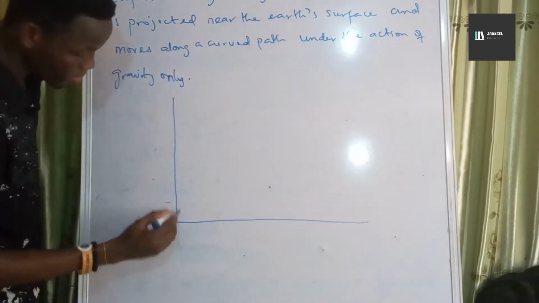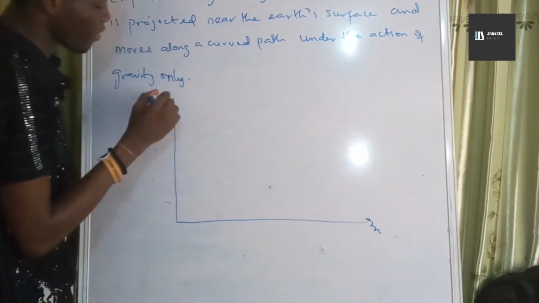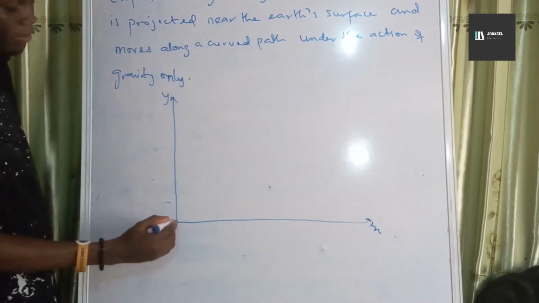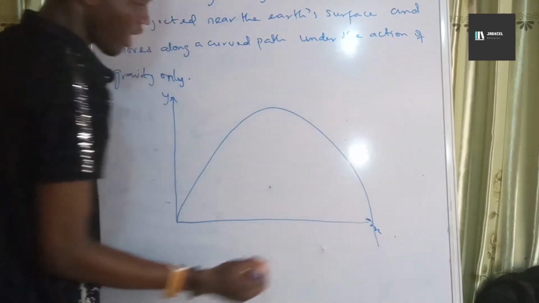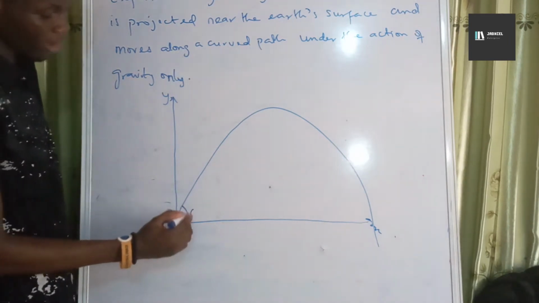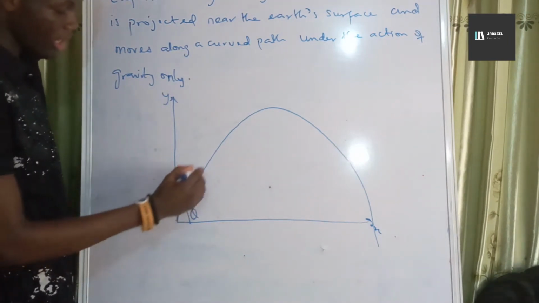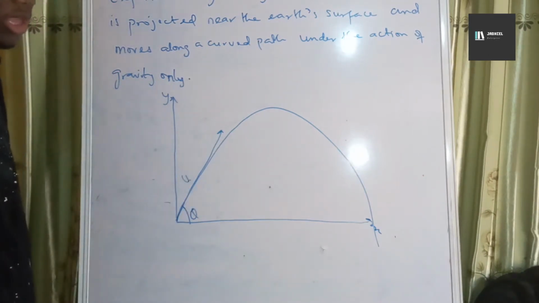Now we have this. This is our y plane and this is our x plane, so our horizontal and our vertical. It means that the body or the object is projected like this and goes like this. The thing is projected at a particular angle with a particular speed, which could be called your initial velocity.